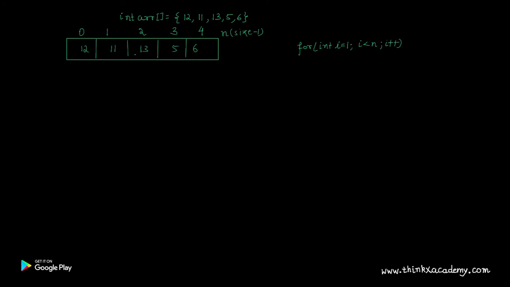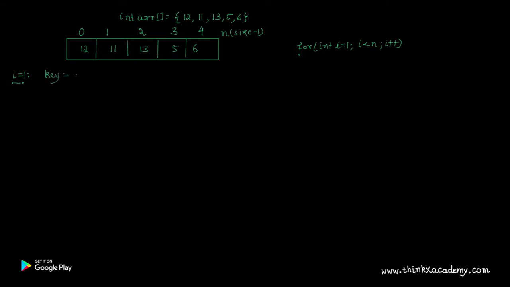So let's suppose in the first pass the value of i is equal to 1. So the value at this position is assigned as key.